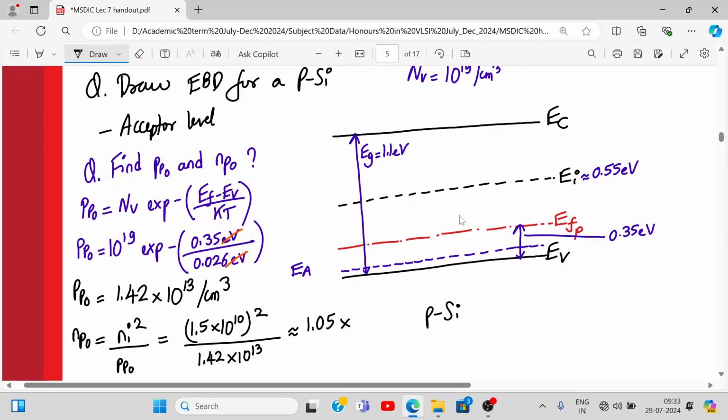It is 1.05 into 10 raised to minus 3? This is 10 raised to 20, this is 10 raised to 7. So around how much will you get? 1.5 into 10 raised to 10, the whole square, divided by 1.42 into 10 raised to 13.